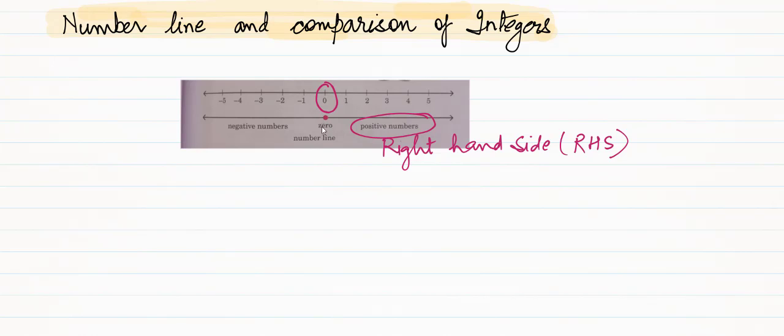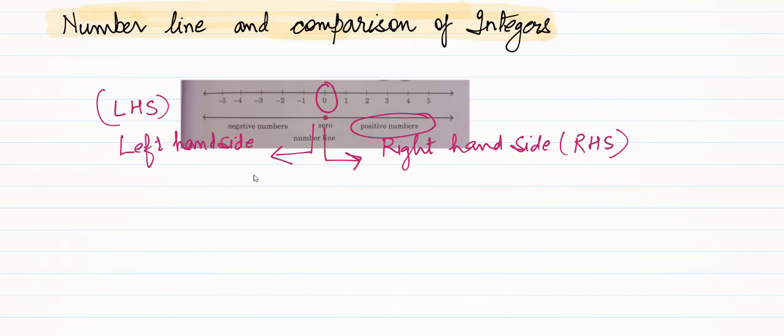If you move from 0 toward the right hand side, all will be positive numbers. And the second thing, all the negative numbers are to the left of zero. The left hand side we represent mathematically as LHS, and here we have all the negative numbers.